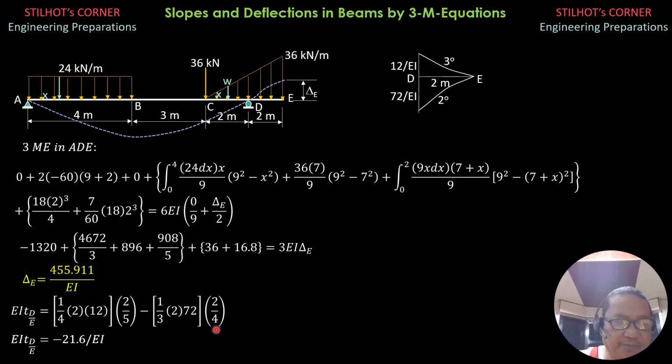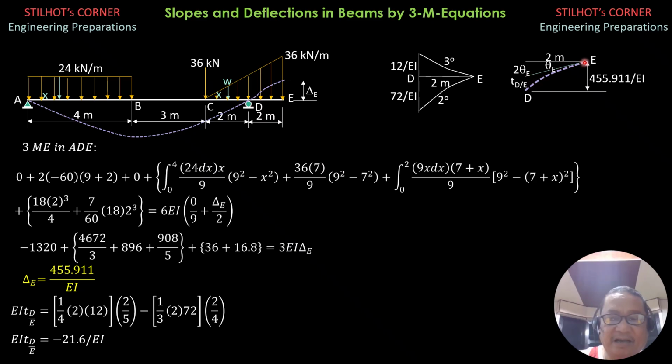That is equal to negative 21.6 over EI. So that means point D is below the tangent at E, as shown in this figure here. So if this is the elastic curve, this is the tangent at E, and this is the deviation of D relative to E, negative, because D is below that reference tangent.